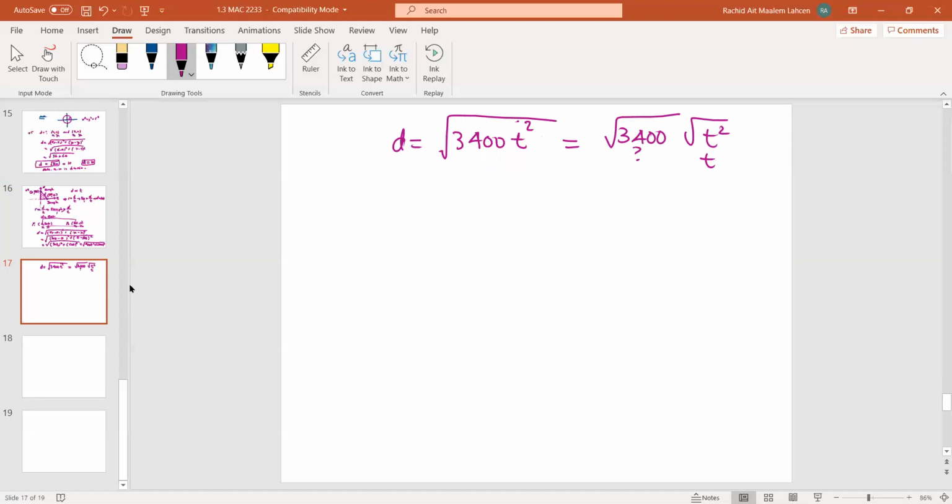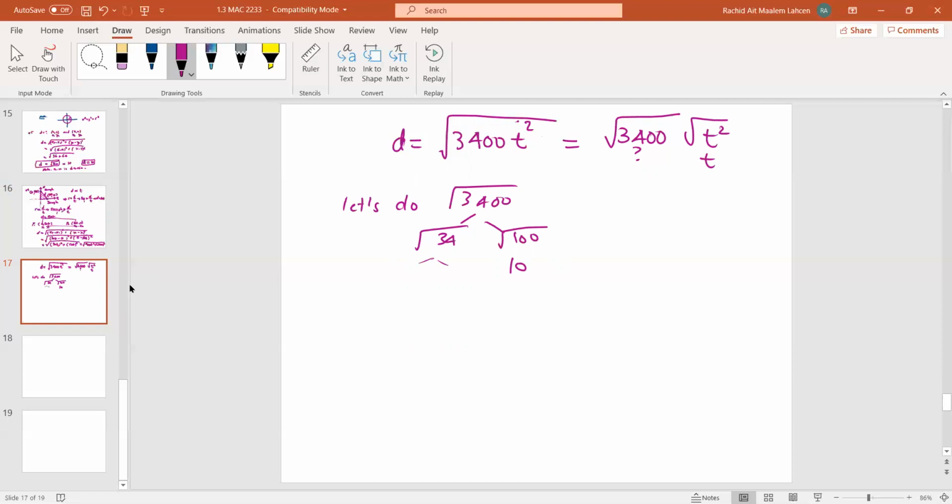You see 2 zeros means 100, right? So let's do it on the side. Let's check, 3400 is 34 times 100. The square root of 100 is 10. Then you check whether 34 simplifies.